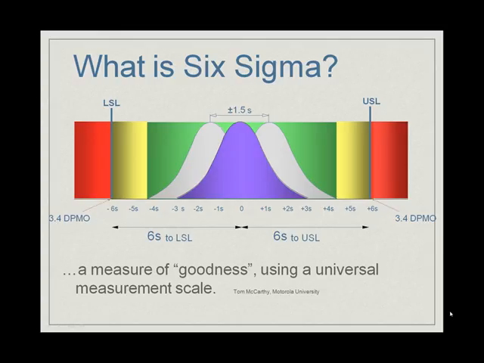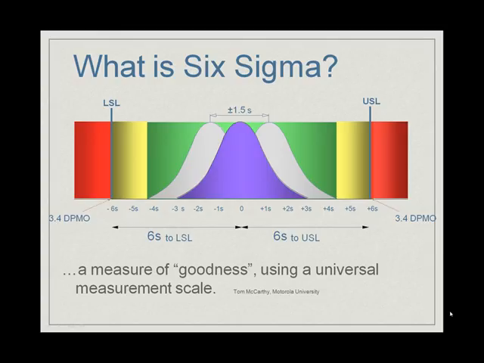You see the 1.5 sigma shift at the top, just above the blue distribution. And that was actually added by the folks at Motorola, who said all processes, depending on whether you measure them in the short term or long term, are going to have some degree of variation.